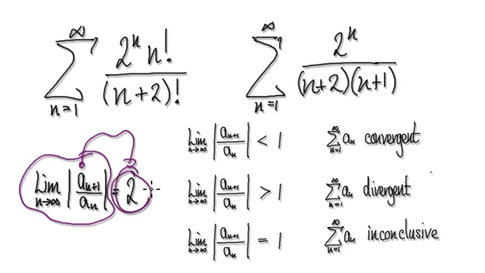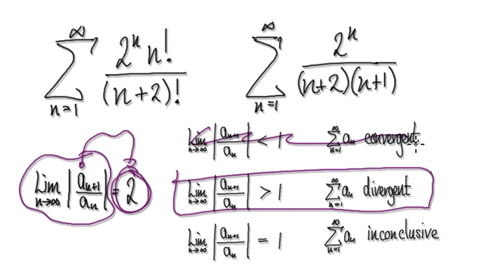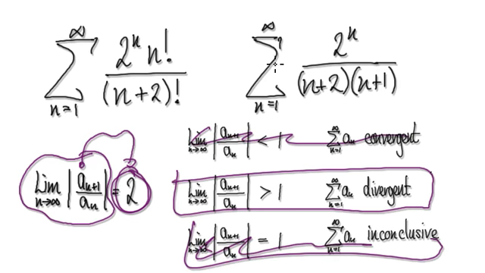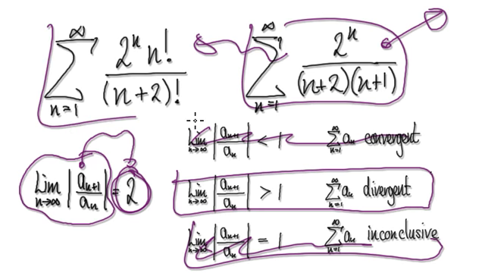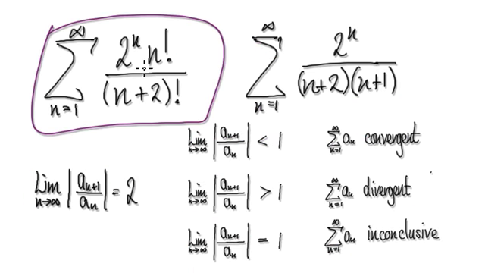Now 2 here is bigger than 1, so we know that this is going to diverge, meaning our original series will diverge.